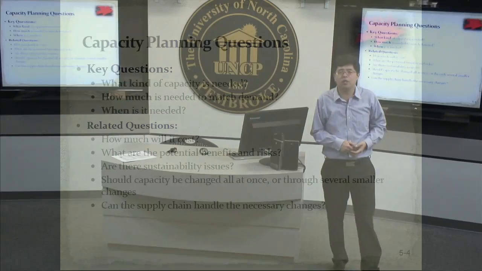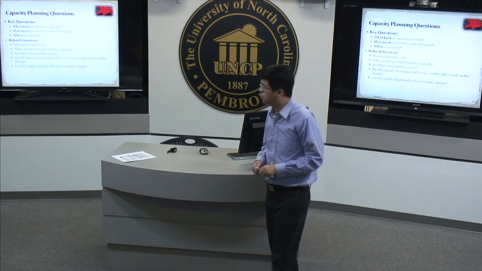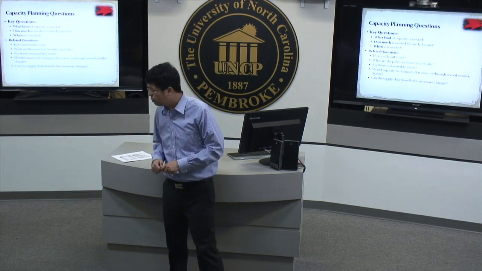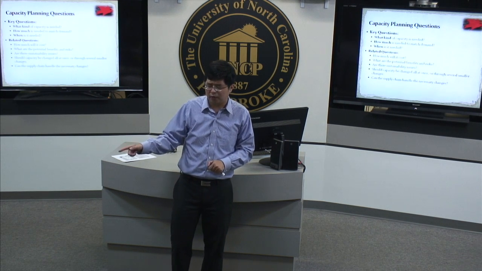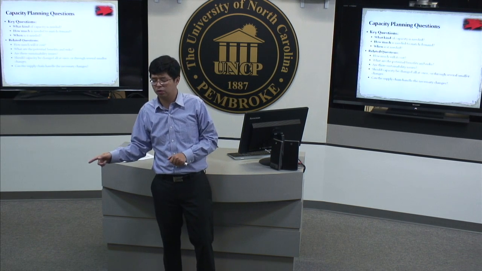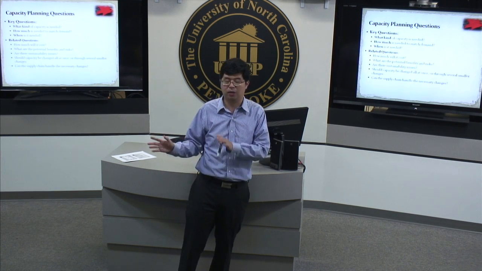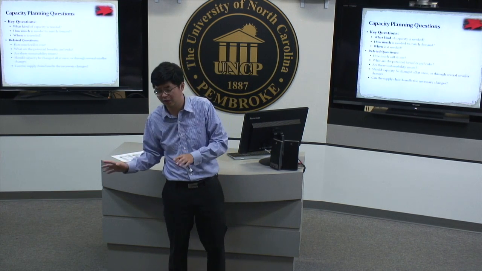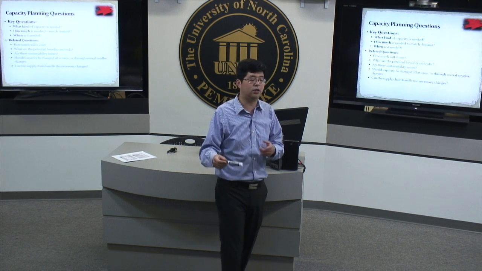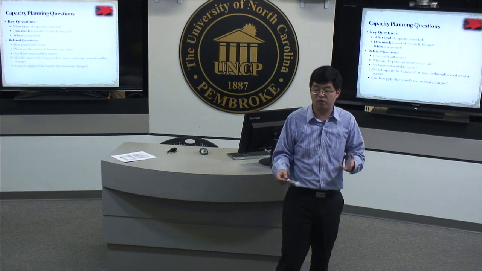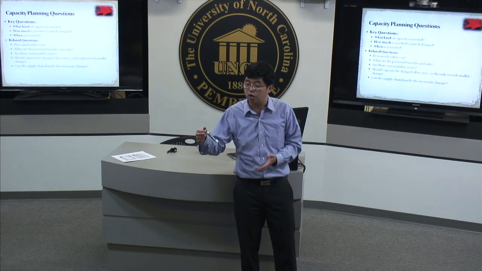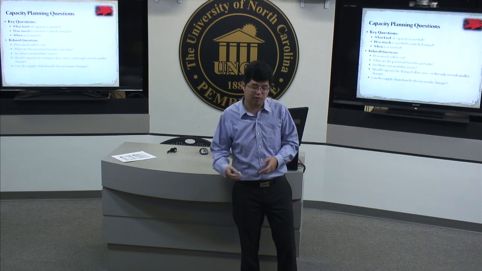Let's say, I heard about a projection about UNC Pembroke. They think that by 2020 we will have student enrollments of 8,000 to 9,000. Now it's like 6,000, 6,500, something like that. So you can see, let's say we increase 20% or 25% of our enrollments or credit hours.